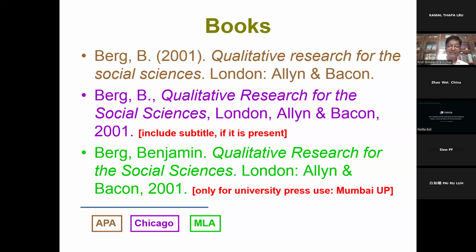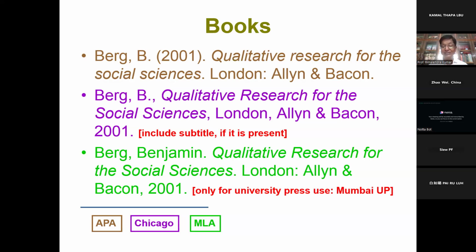In the same manner, in the case of the MLA system, it is Berg, Benjamin, Qualitative Research for the Social Sciences, London, Allen and Bacon, 2001. So this is our MLA system. But in the MLA ninth edition, there are some changes.